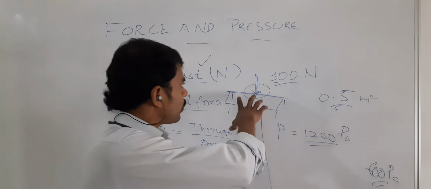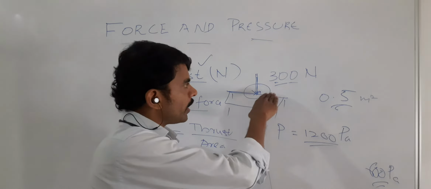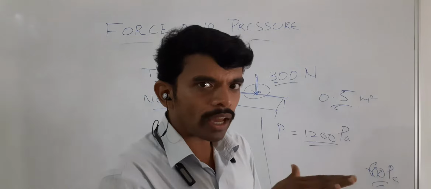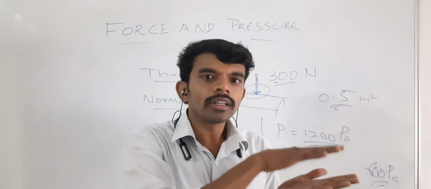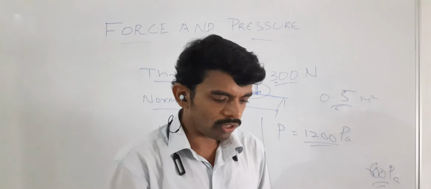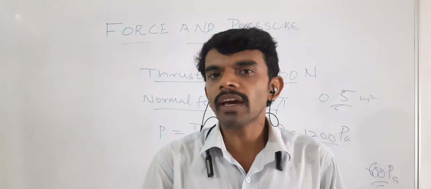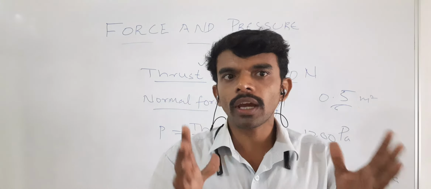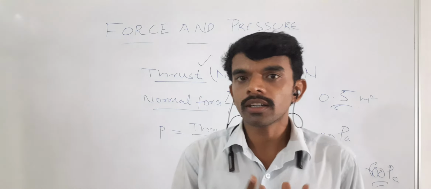Now here we have discussed the pressure due to two solids. So when a solid is placed over another solid, at the bottom surface there will be a pressure. Now what about the liquid? If we are taking a liquid in a container, the liquid will also exert force on the container.